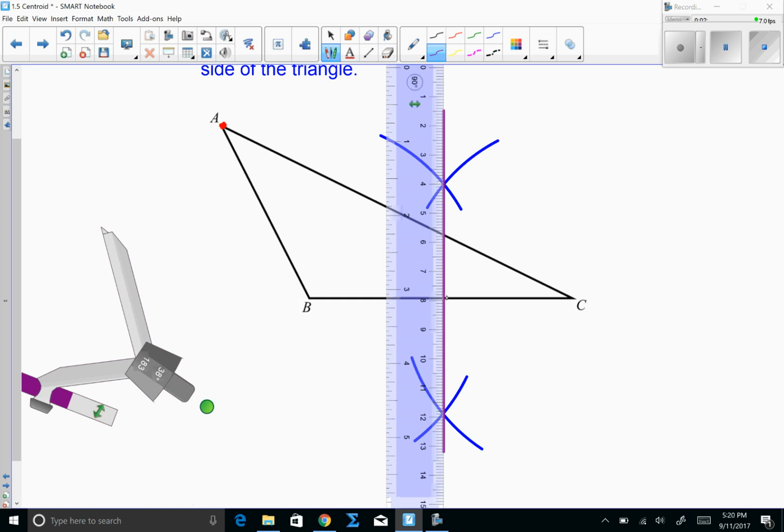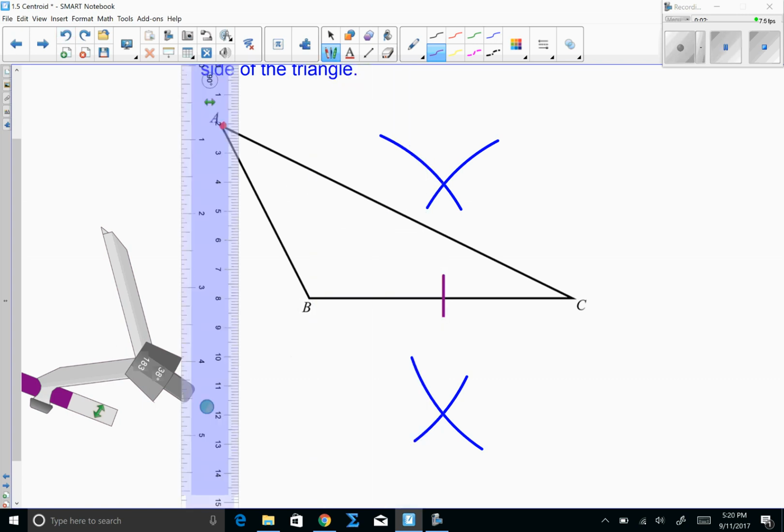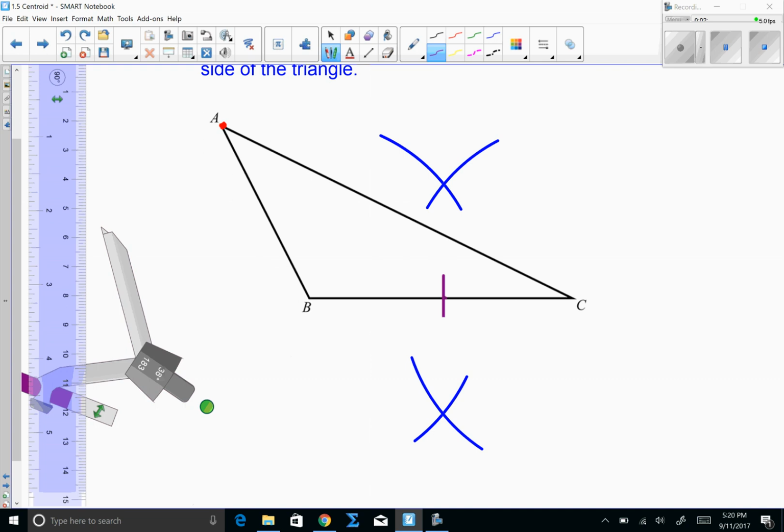But again, I don't need the entire line segment. I just need this point here. So we don't have to draw the entire thing. It's okay if you want to, but I really just need to indicate the spot where it crosses, making this the midpoint.